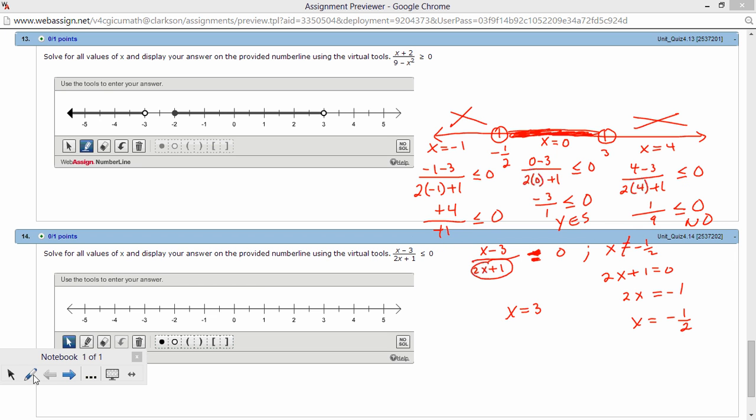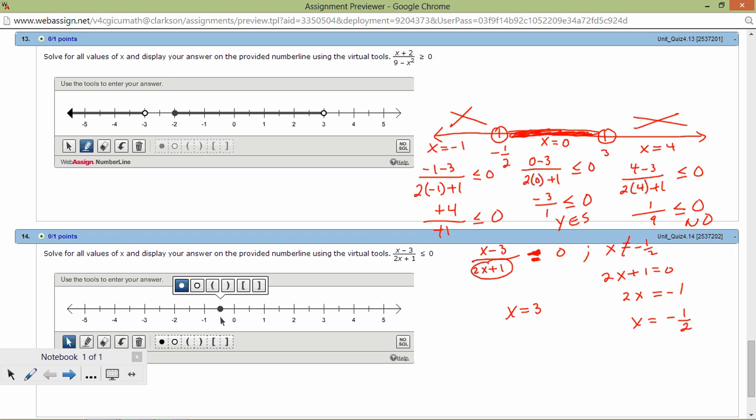We take the information, we go to our virtual tool, we go to our number line. We're interested, remember, in -1/2 and 3. I have to kind of locate, I have to spot the -1/2. It's right there. Remember, the -1/2 cannot be included. Okay, so I leave that as an open circle, right? Leaving this open. And then I spot up here at 3.